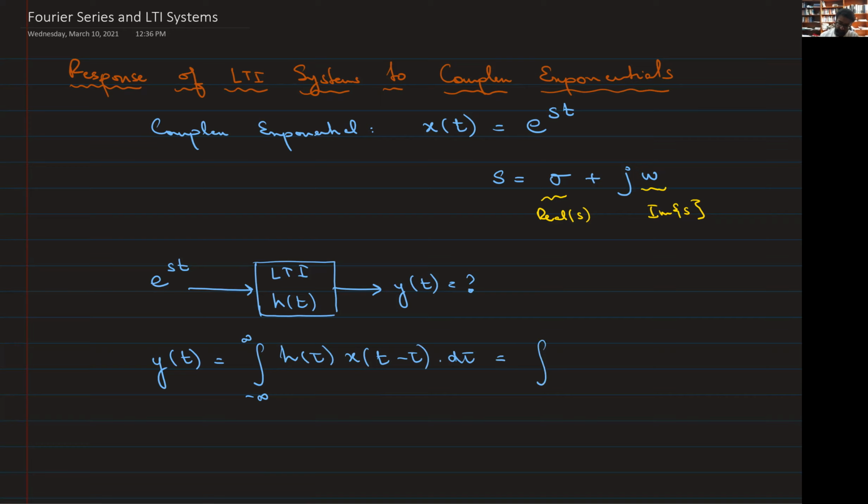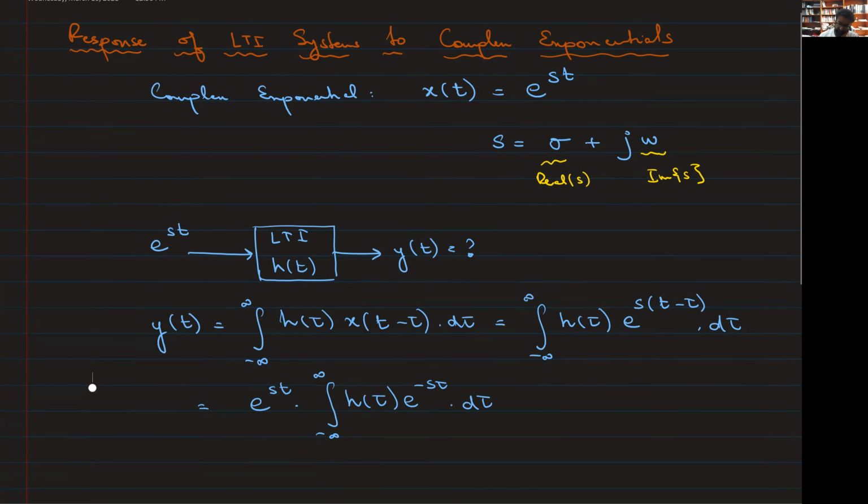This is h of tau, and x of t minus tau is e raised to power s times t minus tau, d tau. What I then get is e raised to power st can come out of the integral because that's not a function of tau. And the integral is over tau, from minus infinity to plus infinity, of h of tau times e raised to power minus s tau d tau.